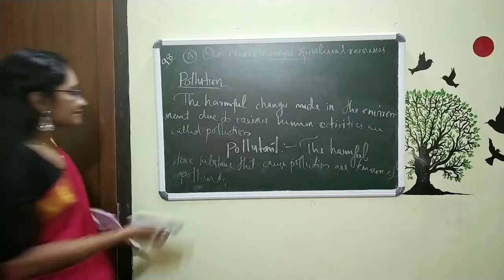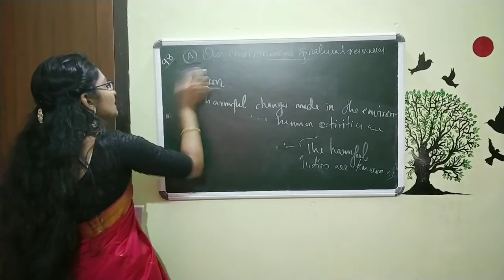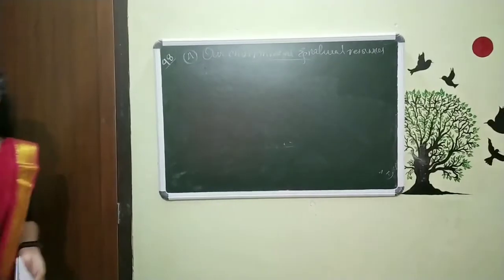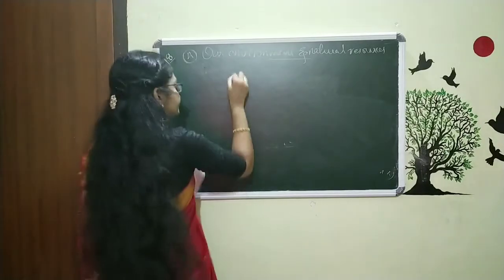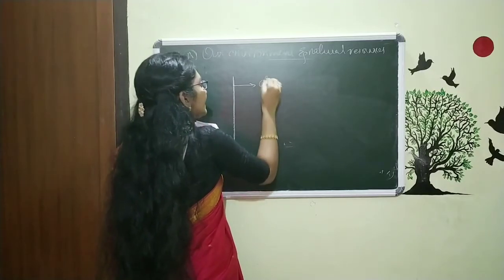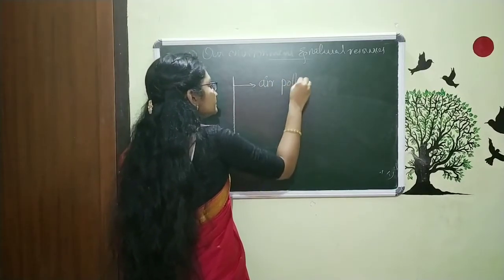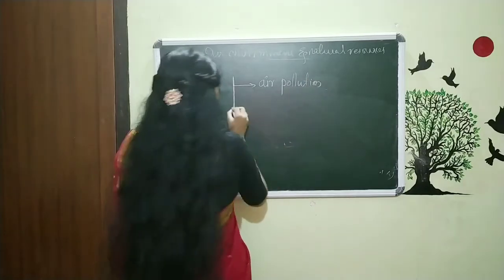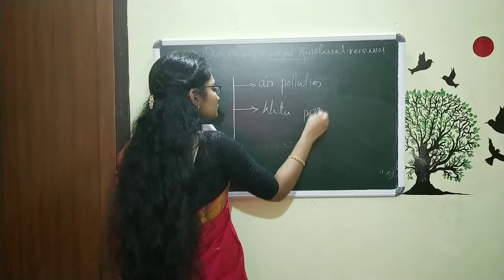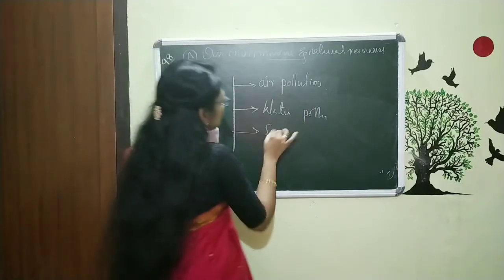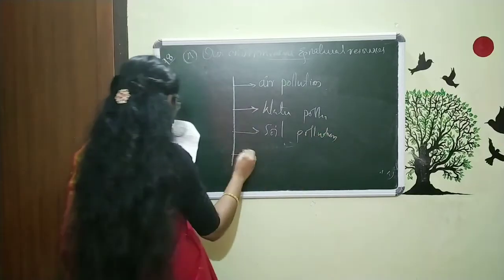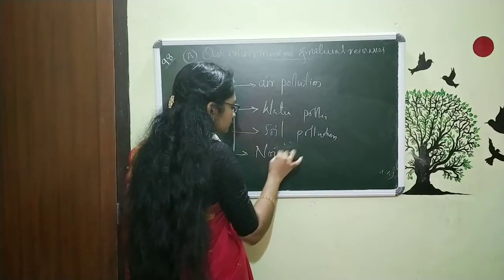And now we are going to discuss the types of pollution. There are different types of pollution. We are studying about 4 types of pollution: air pollution, water pollution, soil pollution, and also noise pollution.